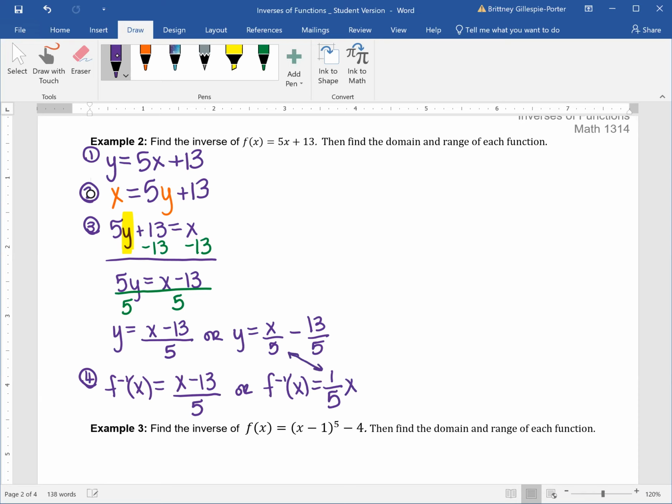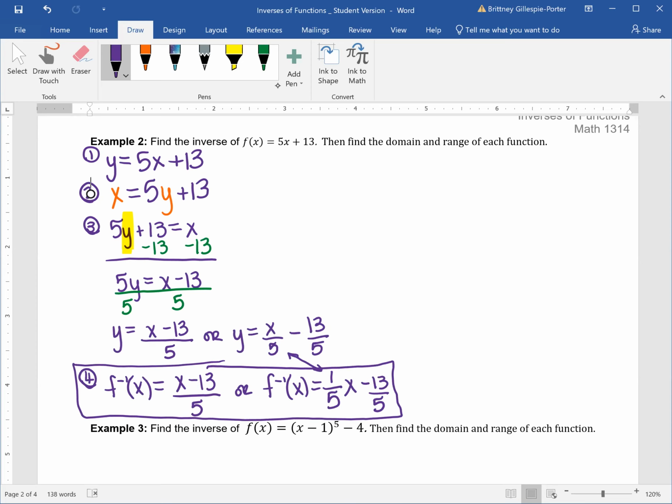These guys are the exact same, minus 13/5. Either one is fine, but remember to have your f inverse notation.